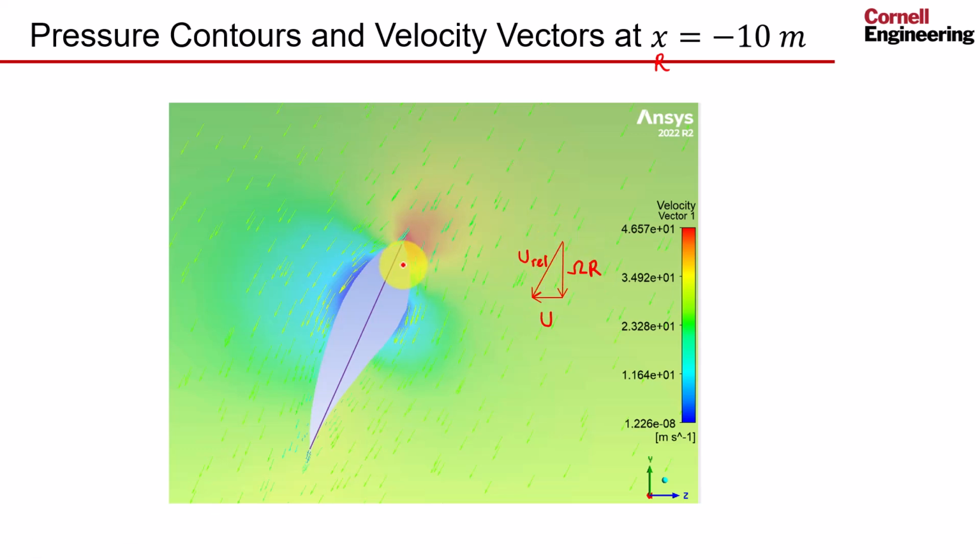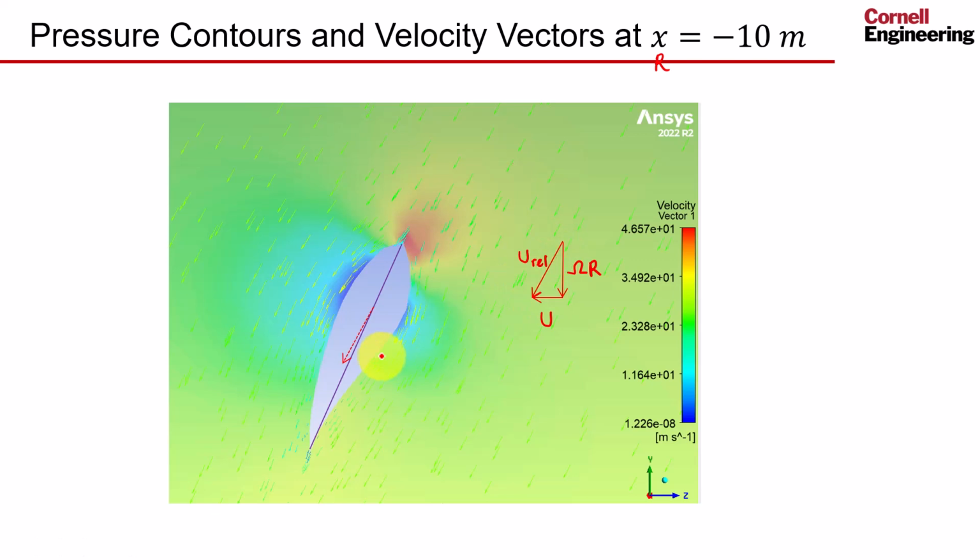And omega r, because if I was looking from the top, the blade is going to move in this direction. So if you're riding with the blade, it seems like there is a component in this direction, and that's omega r. Hope that's clear. So you see how that relative wind is constructed.